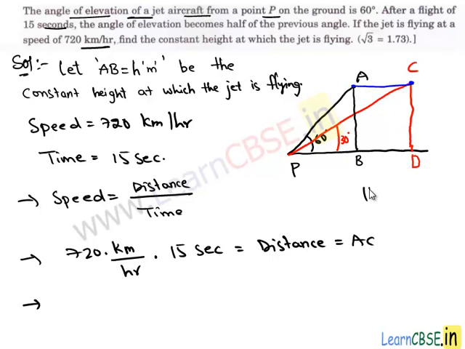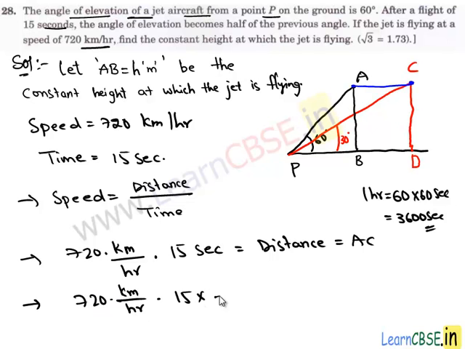We know that 1 hour is equal to 60 minutes and 1 minute is equal to 60 seconds. Totally we have the value of 1 hour, which is 3600 seconds. So 1 second is equal to 1 upon 3600. So let's substitute it. 1 hour is 3600 seconds, and it is equal to our distance.